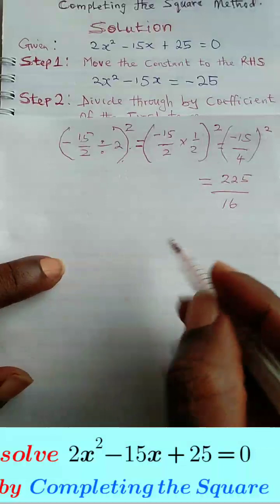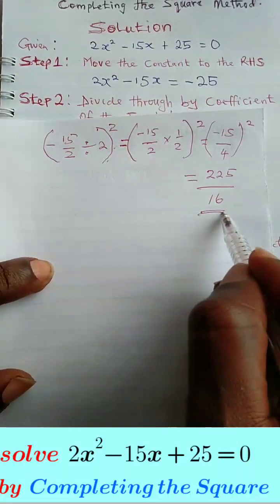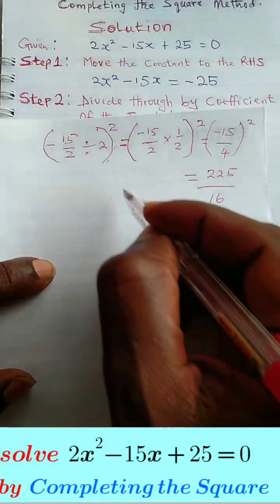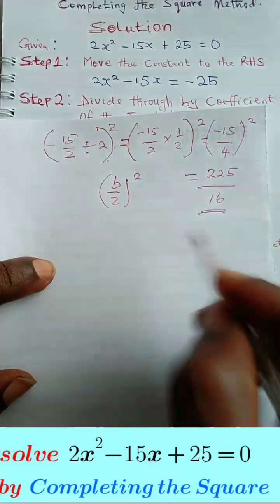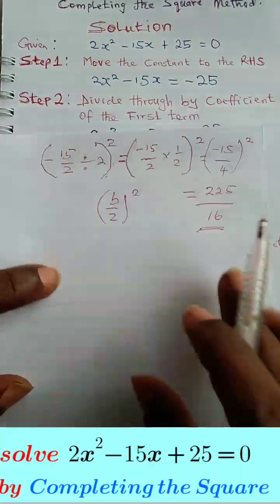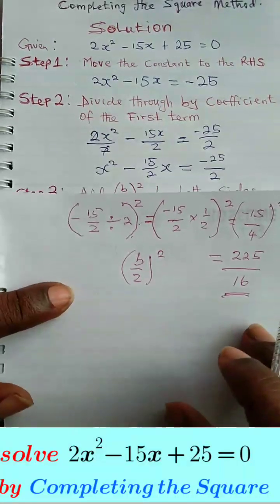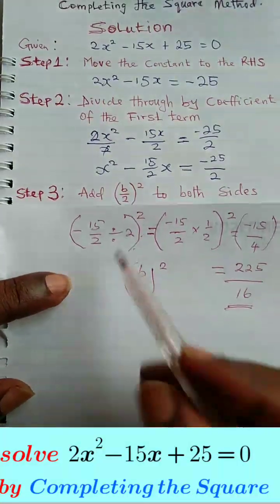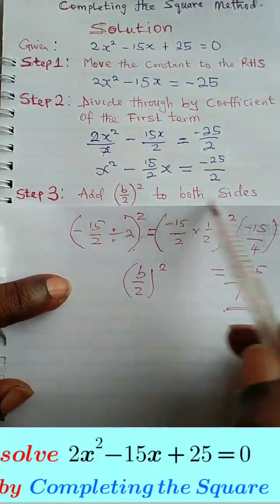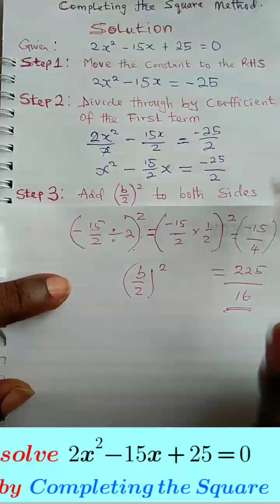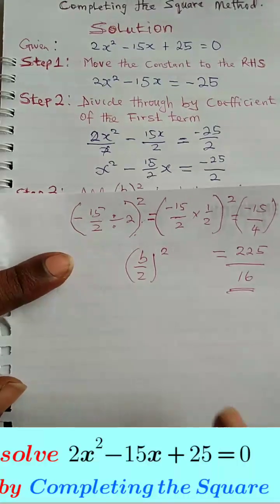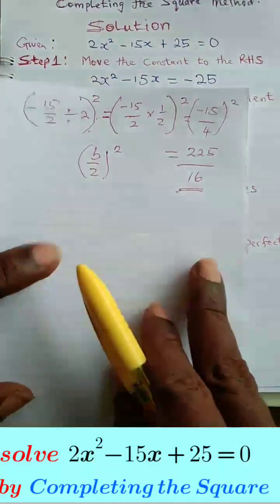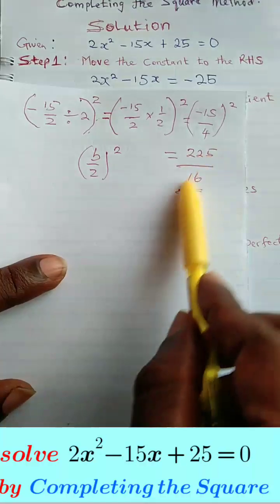So I've gotten my simplified value for b over 2 all squared, which is 225 over 16. Step 3 says we should add this to both sides.